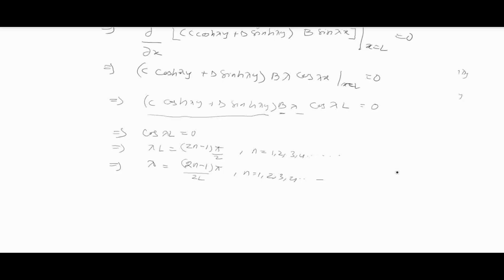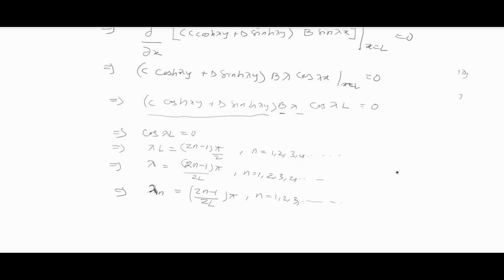We are getting many lambdas for different values of n. So we can represent lambda as lambda n because we have n number of solutions. So lambda n is equal to 2n minus 1 by 2L whole into pi, for n is equal to 1, 2, 3, and so on.